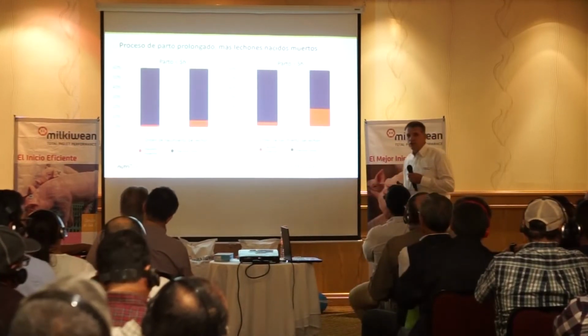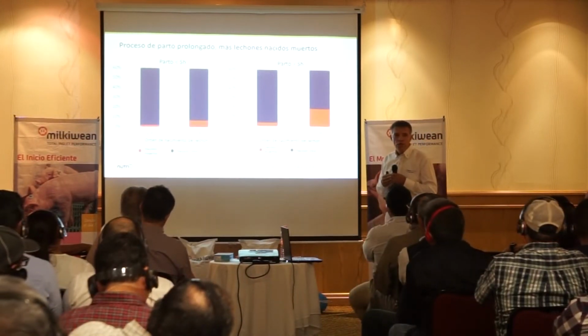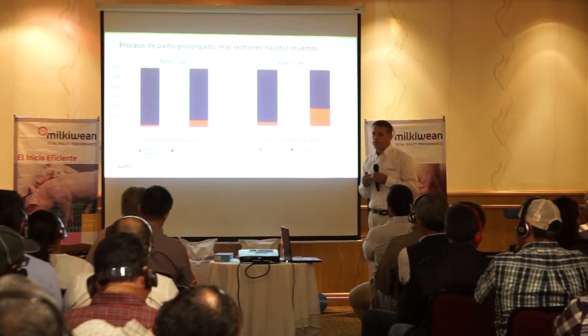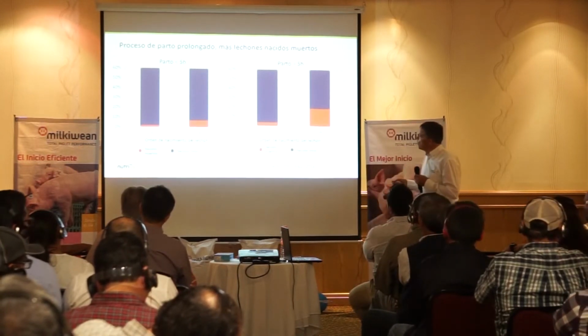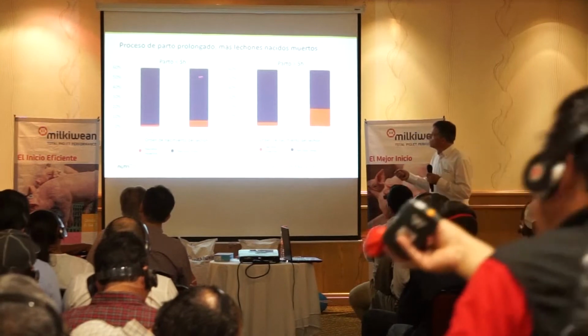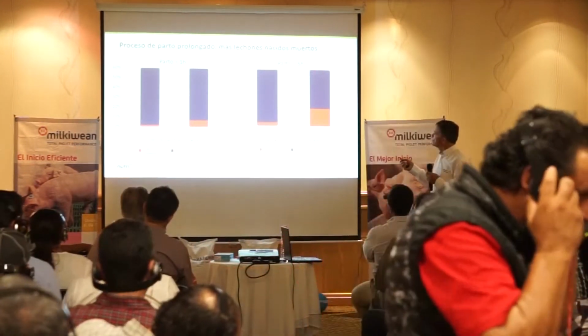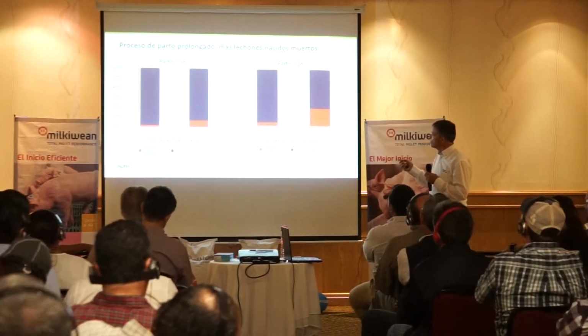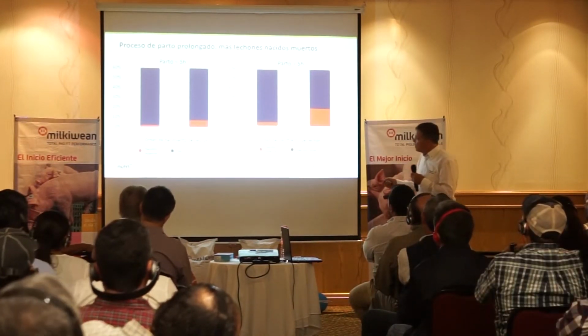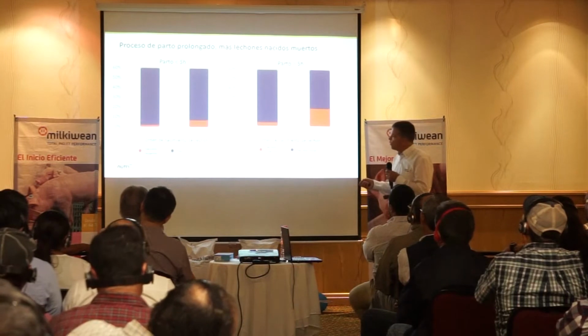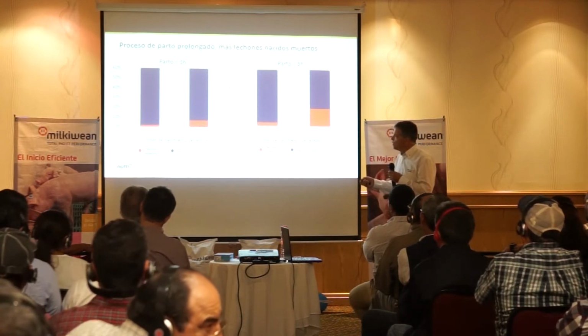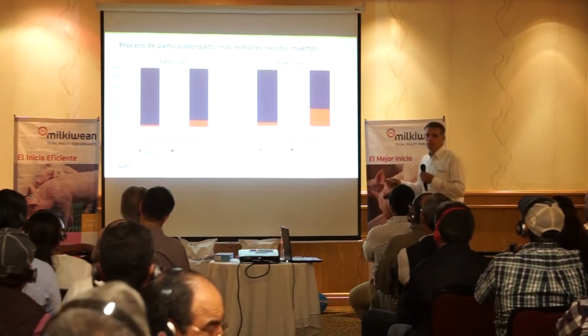Another important factor on stillborn is the duration of the farrowing. So I have split our data into farrowings that last less than 5 hours and farrowings that last more than 5 hours. Then again, I have divided the piglets that were born in the beginning of the farrowing process and those born at the end of the farrowing process.